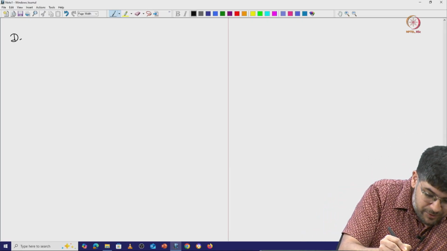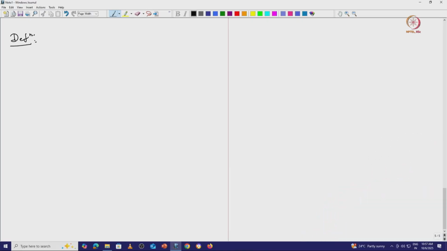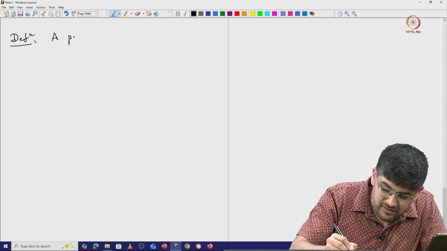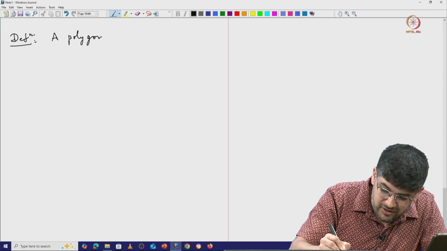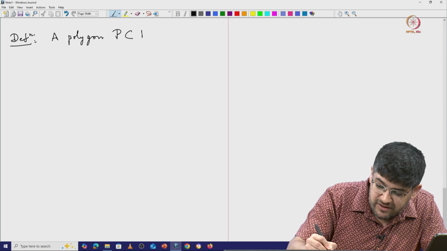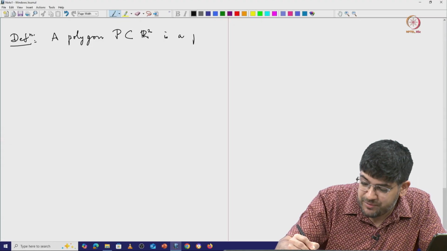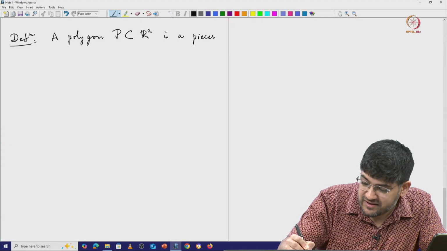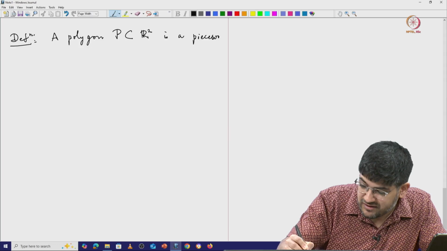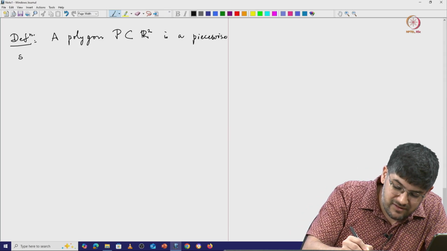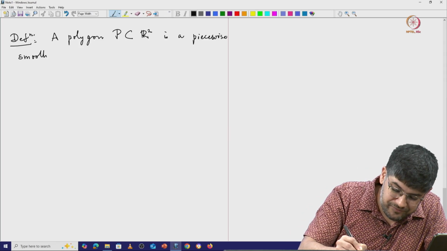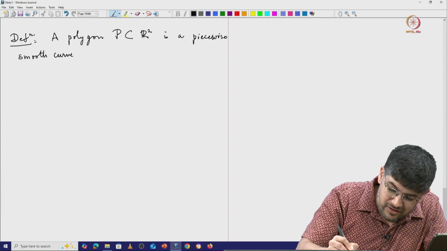Before that, let me make a definition. A polygon P in R2 is basically a piecewise smooth curve.